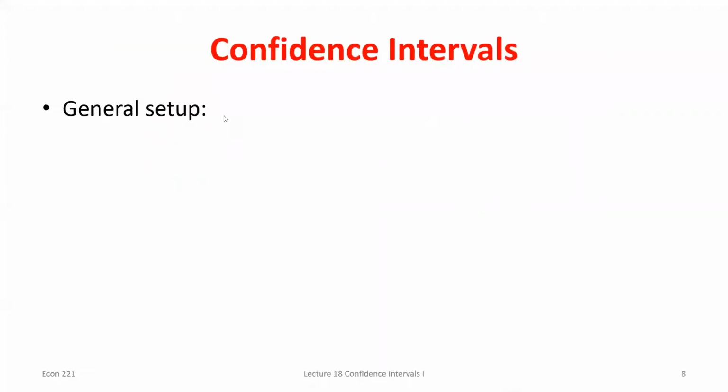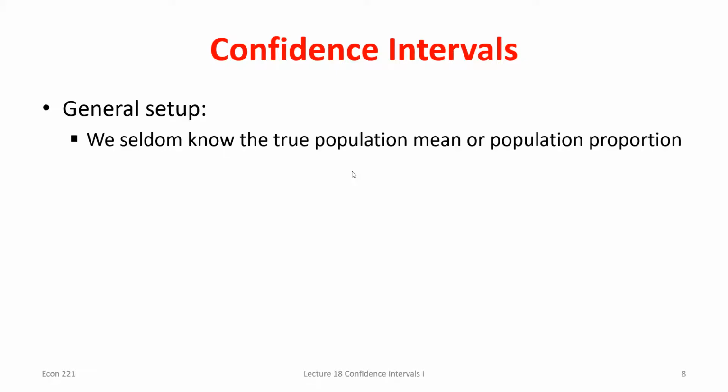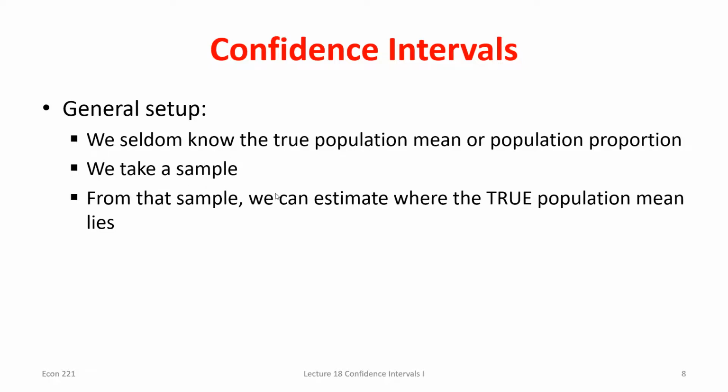Okay, so with this in mind, what we also want to do is say, I know that I can't observe the true population mean. I can take a sample and use that as a best guess of where the true population mean lies. But let's say I take a sample of size 40, the central limit theorem's met, and I find a sample mean of 45,000 for income in the US.